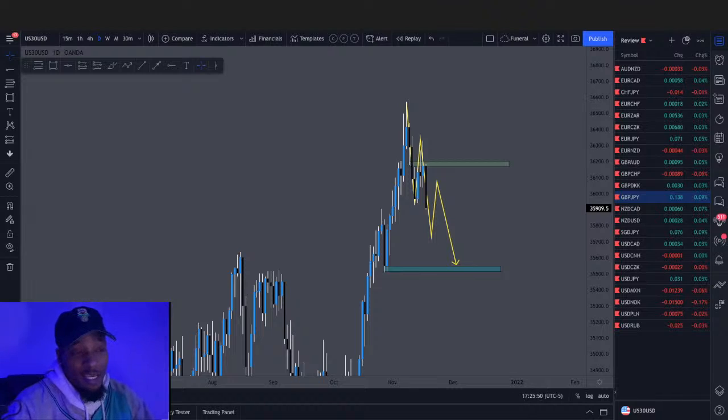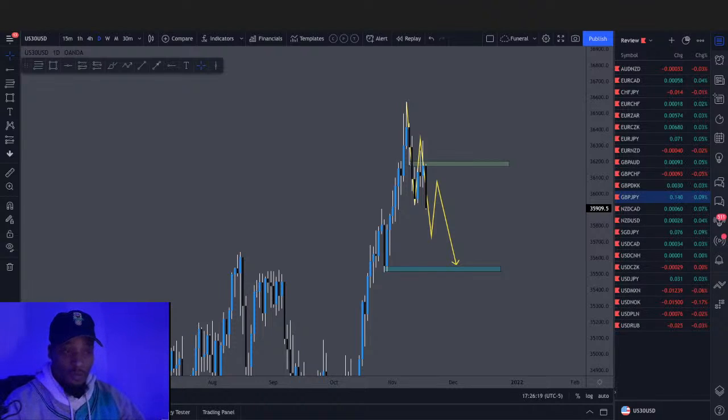I saw somebody say they have their favorite 3 pairs or favorite 2 pairs or something. And I'm like, man, one, you're limiting yourself. If you only trade 1 pair, there are thousands of pairs that have opportunities day in and day out. And if you're only trading that 1 pair, you're going to be forcing trades, trying to make trades happen, because you can't make a pair move.